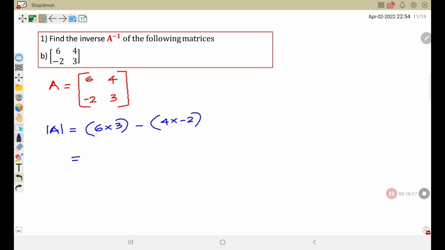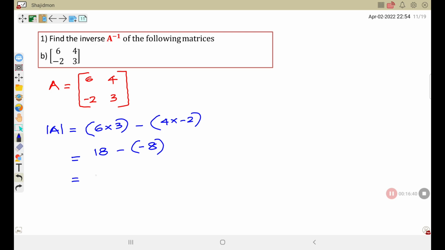So what will be the answer? 18 minus, 4 multiply minus 2 means minus 8. You can check the answer: 18 plus 8, because minus minus becomes plus.